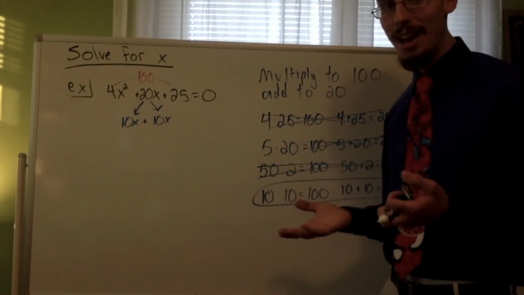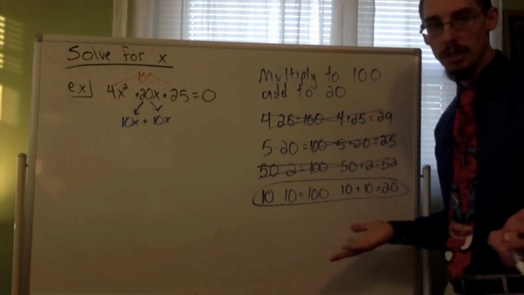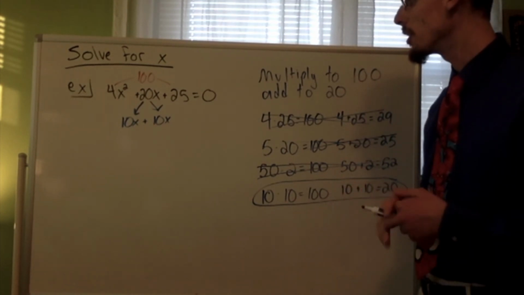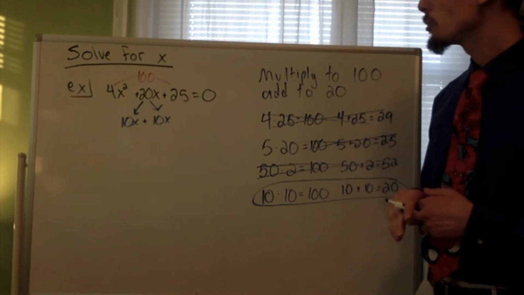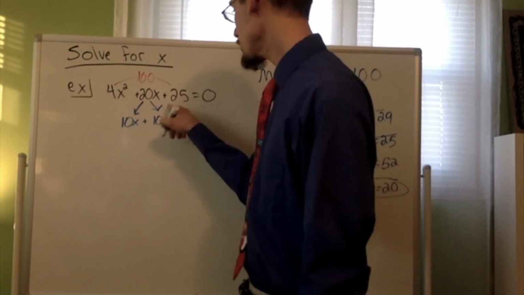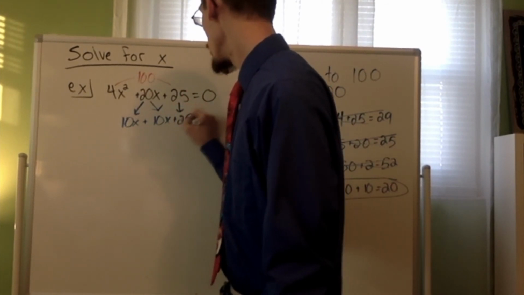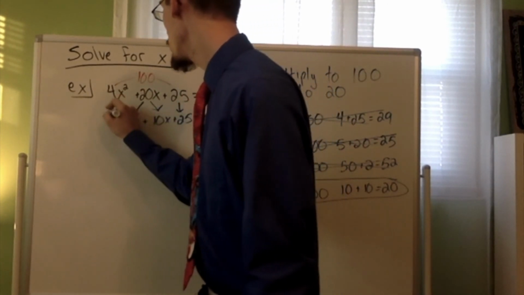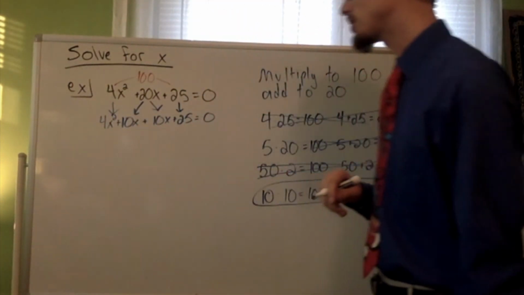How come I did 10x and 10x? Because 10 and 10 were the two numbers that did what I wanted them to do, multiply to 100 and add to 20. So 10x plus 10x. The rest of it I just bring down, right? Plus 25 equals 0. Bring down your 4x squared, and that's a positive 10x, so I'll put plus.